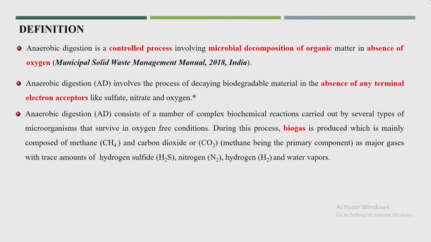Anaerobic digestion consists of a number of complex biochemical reactions carried out by several types of microorganisms that survive in oxygen-free conditions. During this process biogas is produced, which is mainly composed of methane and carbon dioxide as the major gases, with trace amounts of hydrogen sulphide, nitrogen and water vapors.